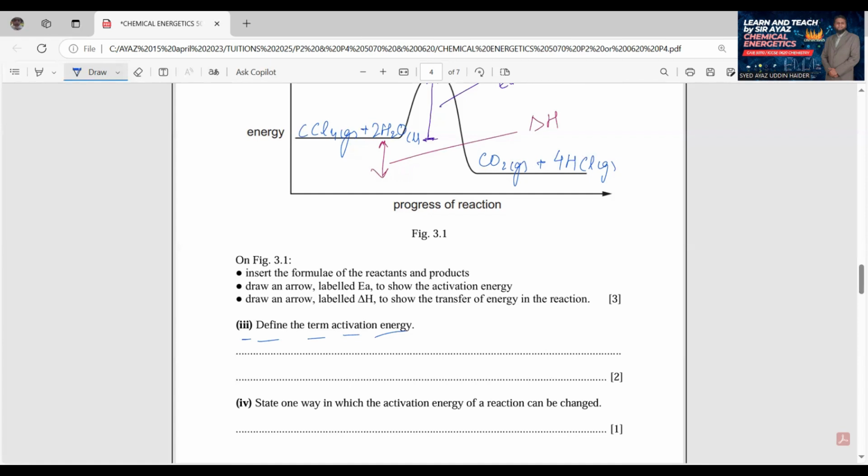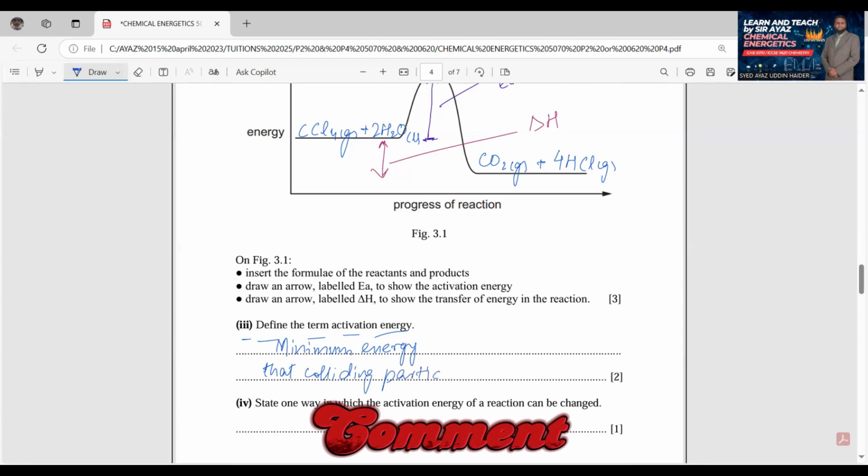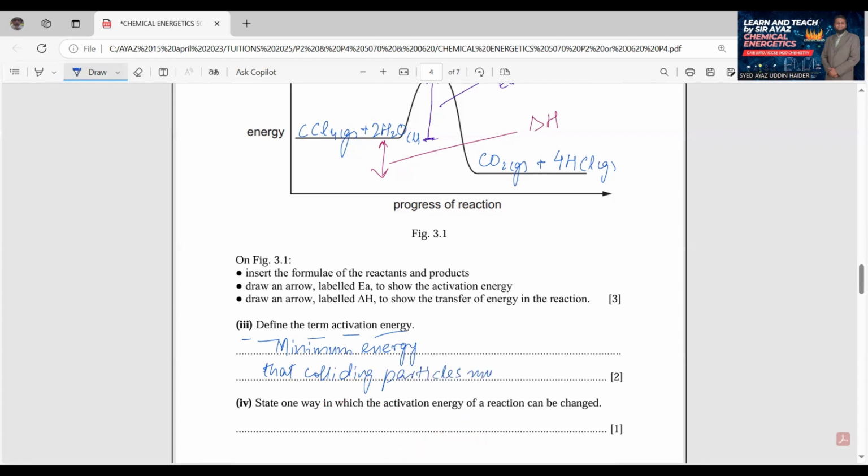So you write minimum energy colliding particles must have to react.